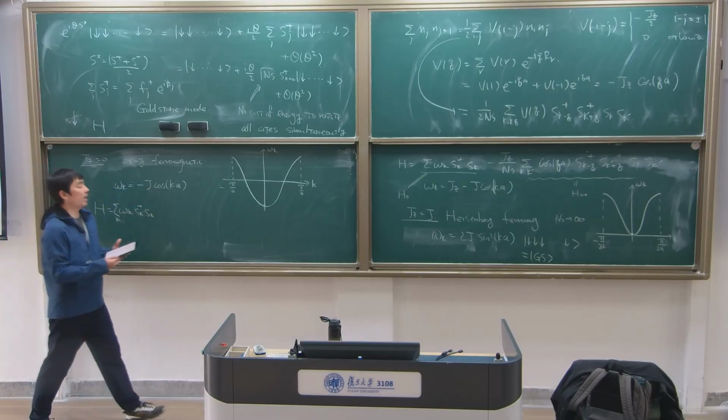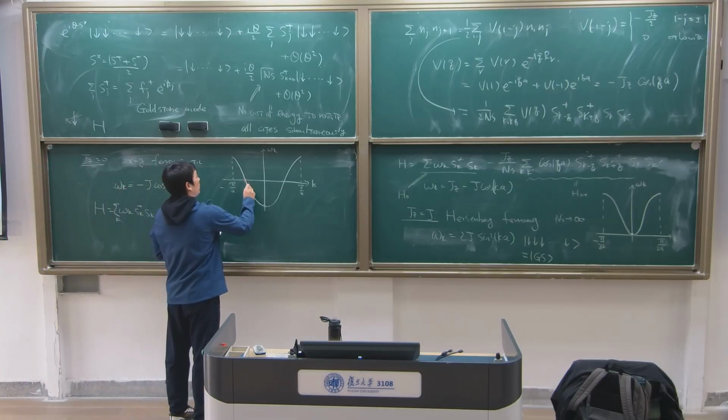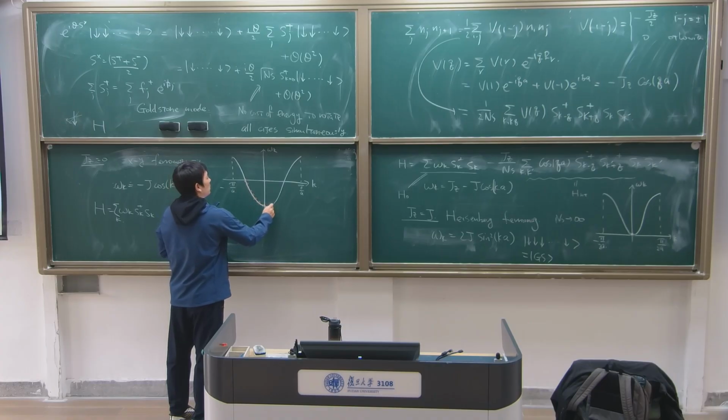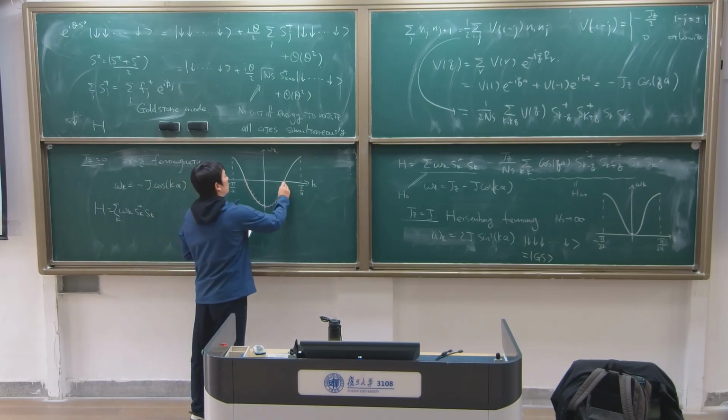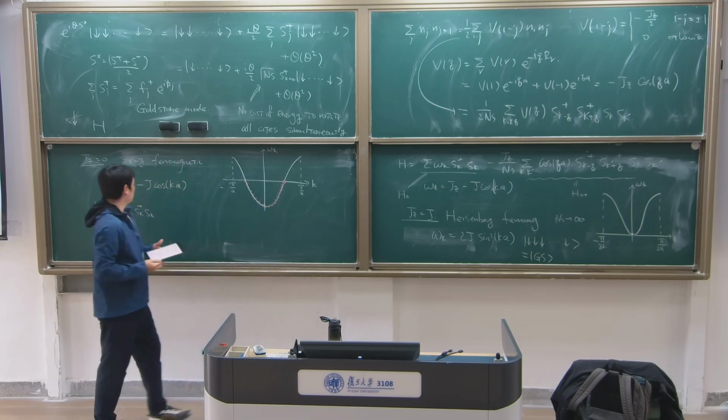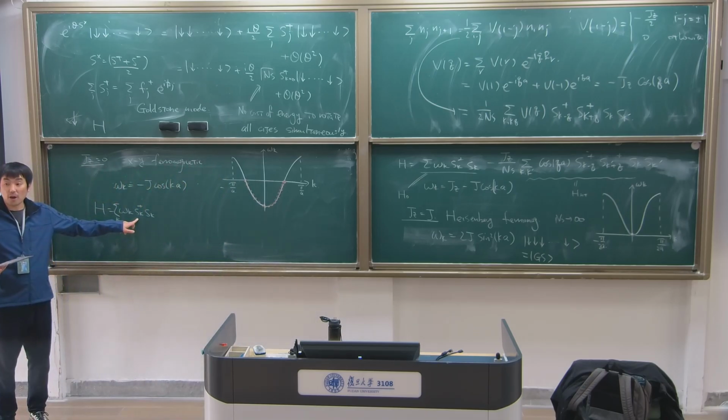So therefore, k can just take only this range of states. This S k is the fermionic operator that creates a fermion with momentum k.